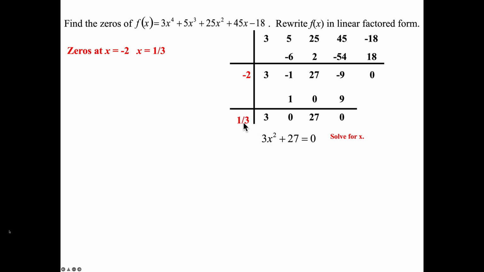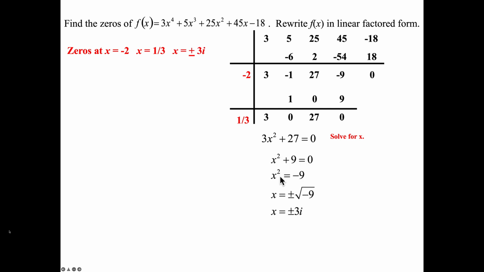What happened here is that this 1/3 was really 3x plus 1. So again, we never had the opportunity to divide the 3x into our first terms. So now reduce or factor and divide by 3. That gives you x squared plus 9 equals 0.